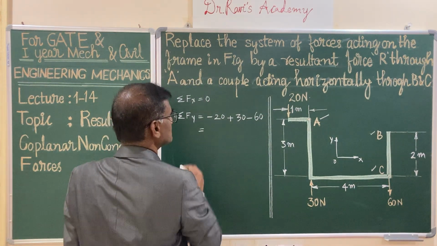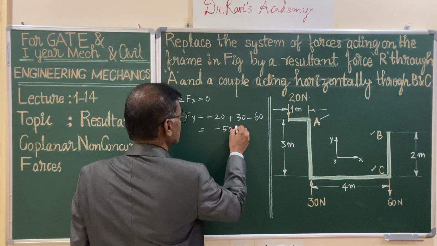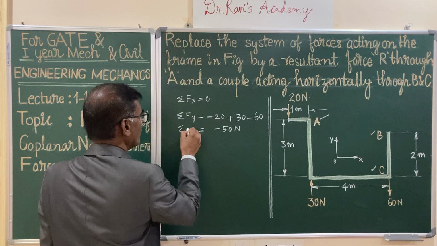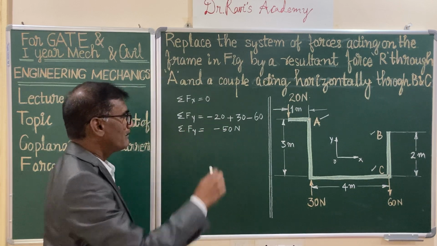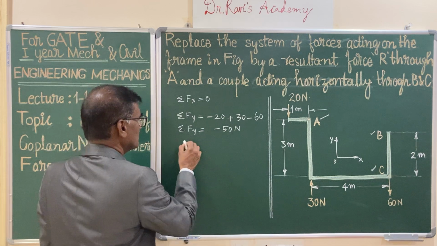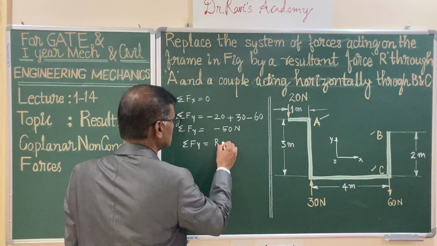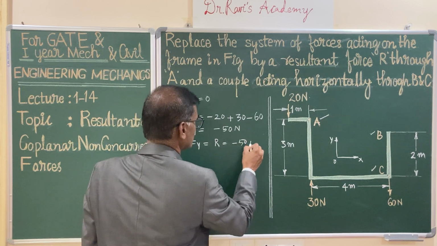So this becomes minus 50. Your sigma Fy is minus 50, and because sigma Fx is 0, obviously your sigma Fy itself becomes the resultant, that is minus 50.